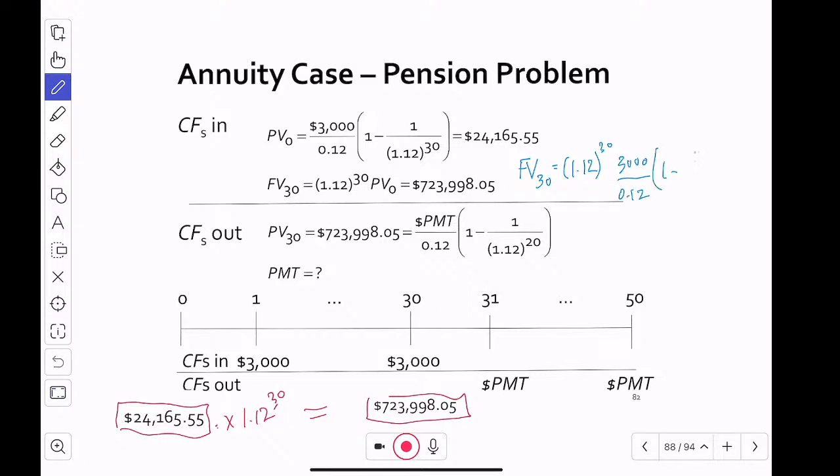I don't like to think that it's a different formula. Some teachers teach it as a different formula. I don't like to do that. It's just the future value version of the annuity formula.